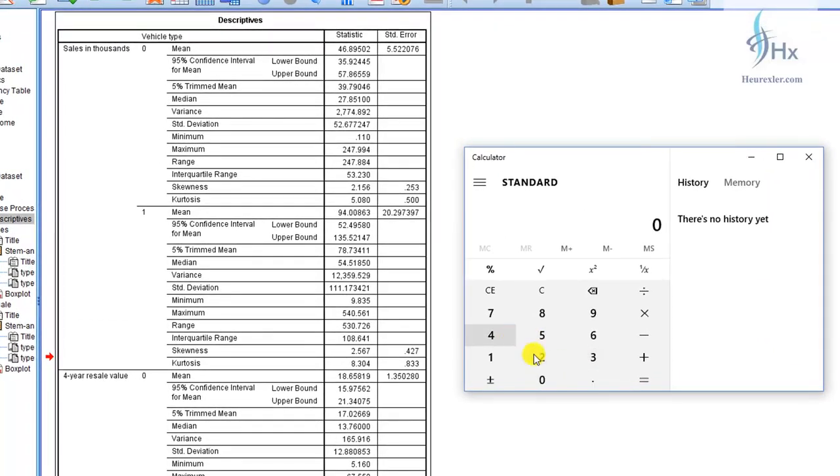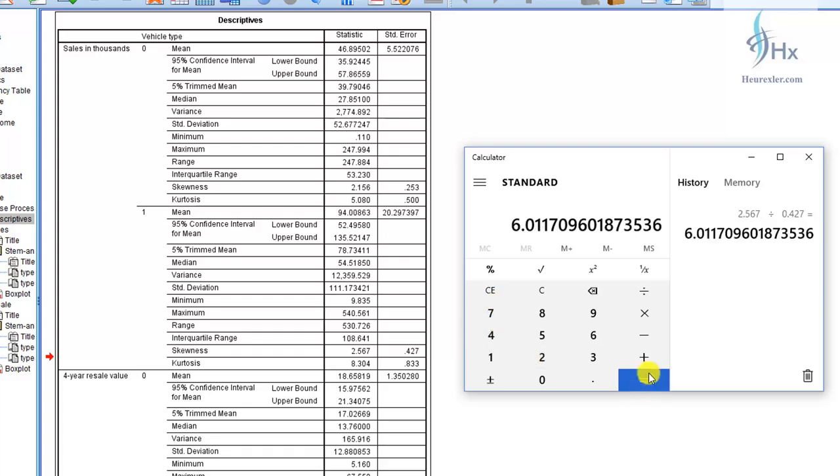So it's 2.567 divided by 0.427. So it's 6.011. So it's higher than all three of our cutoffs, the last being 3.98.